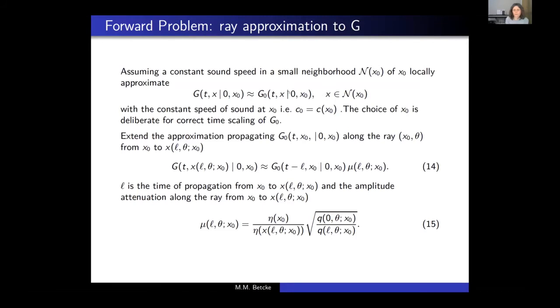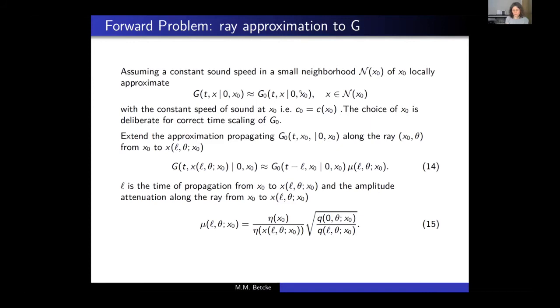Okay, so in the neighborhood of x0 this holds, and now I'm going to use the amplitude formula from the ray approximation to approximate my Green's function all along the ray, starting from this initial point x0.